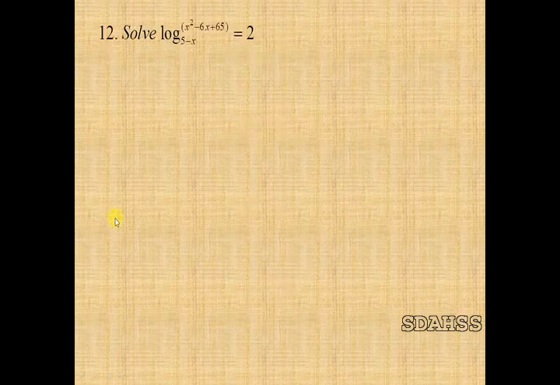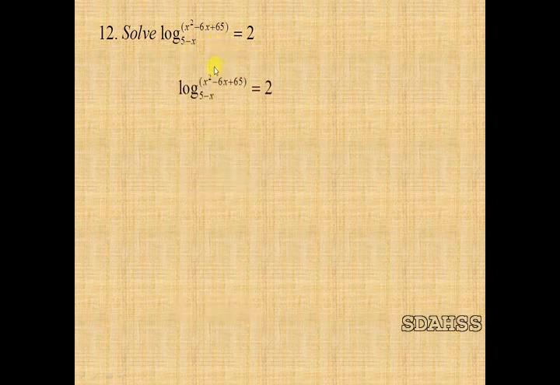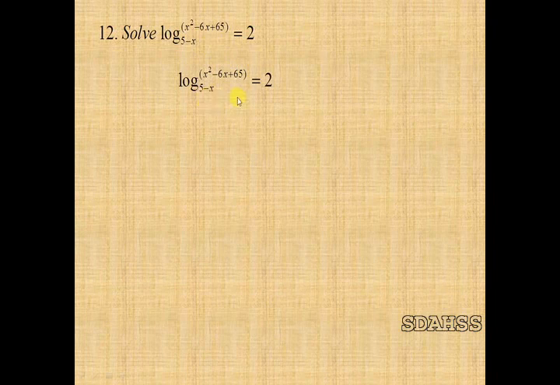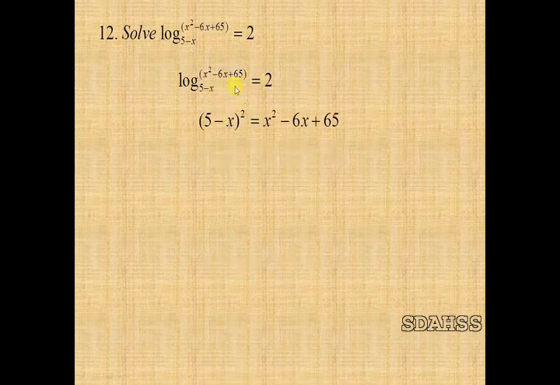12th sum. Solve log x square minus 6x plus 65 base 5 minus x is equal to 2. This we can write 5 minus x whole square is equal to x square minus 6x plus 65.